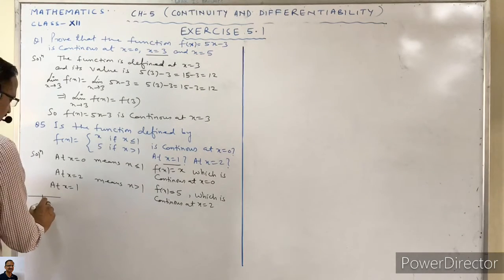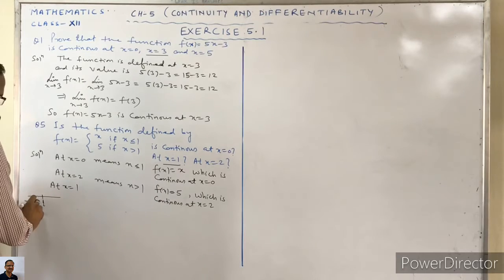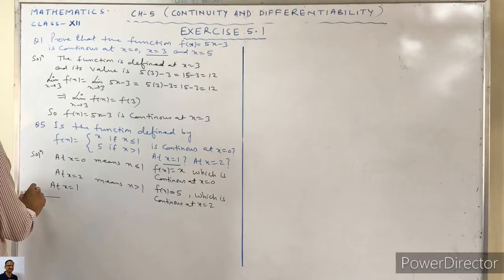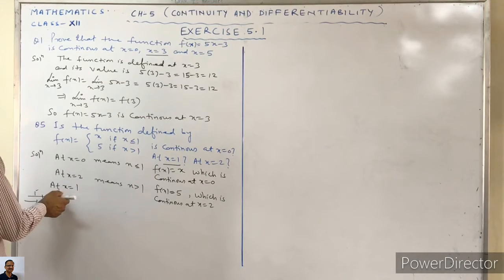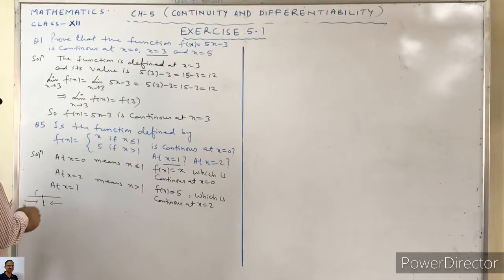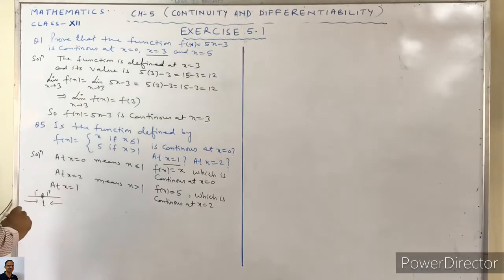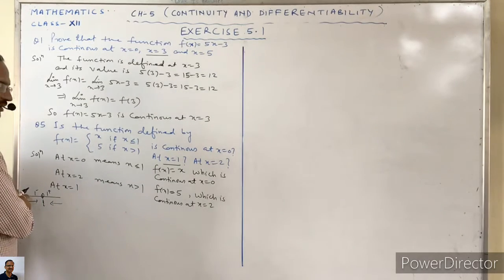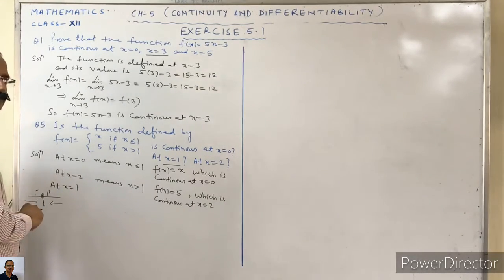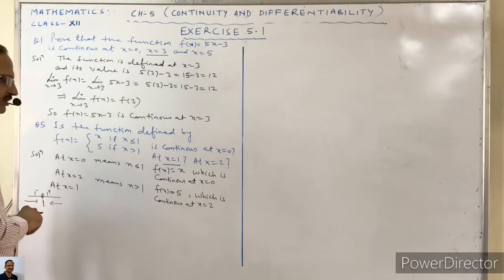When we approach 1 from the left side, slightly less than 1, that is 1 minus, and approach from the right hand side, slightly greater than 1, that is 1 plus, and at this point, x equal to 1, if all the three values are same, then we can say that the function is continuous.